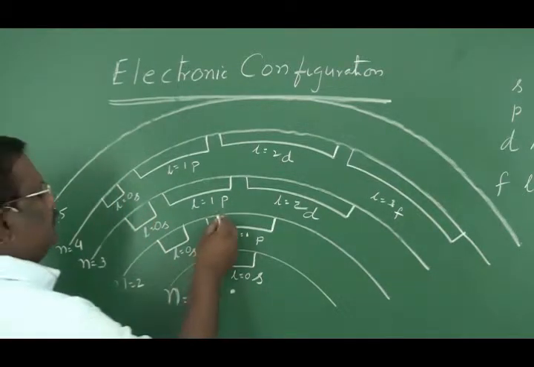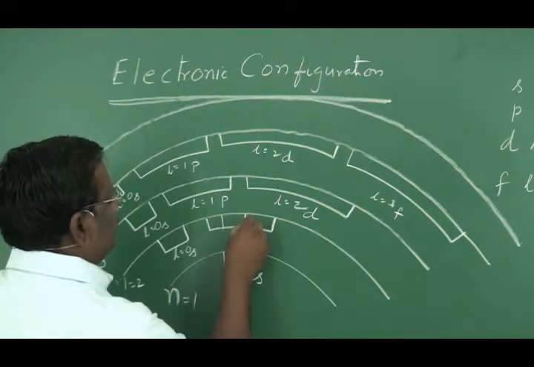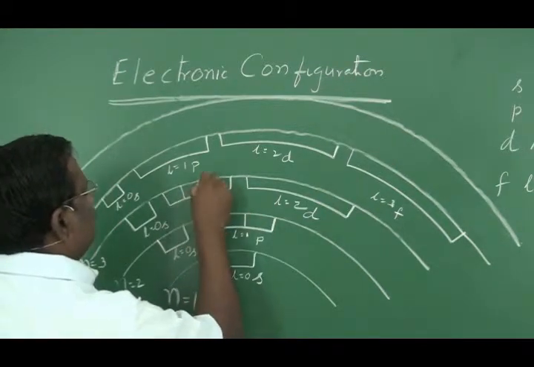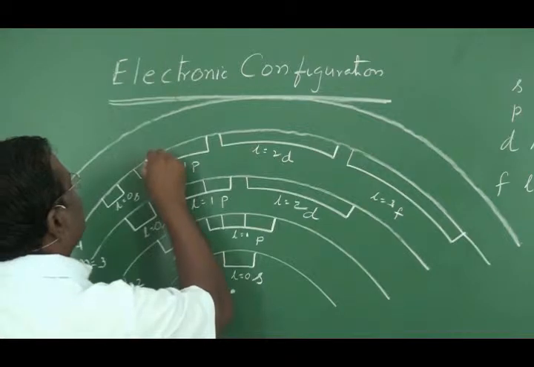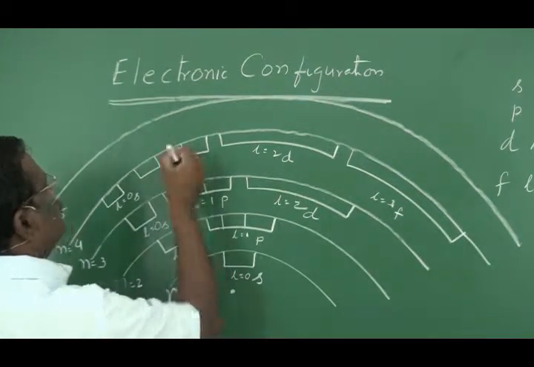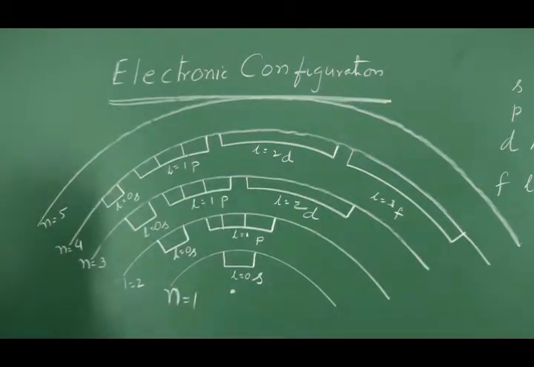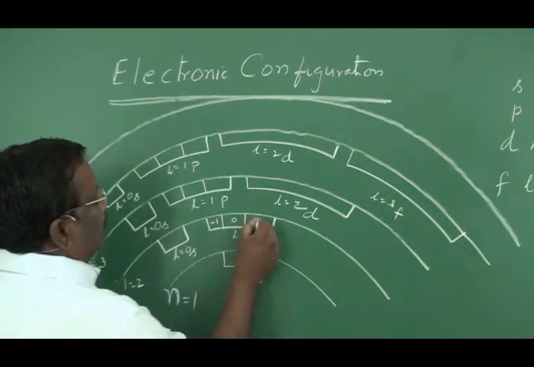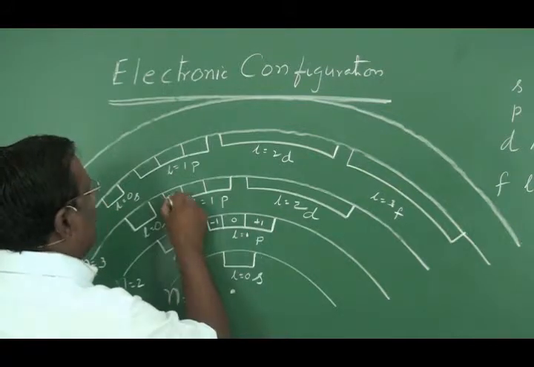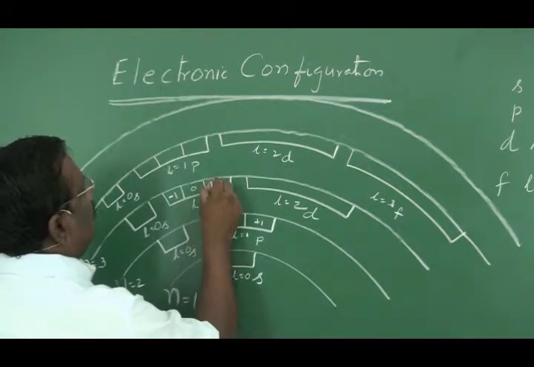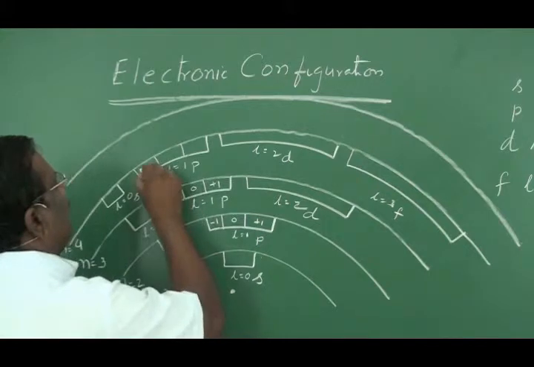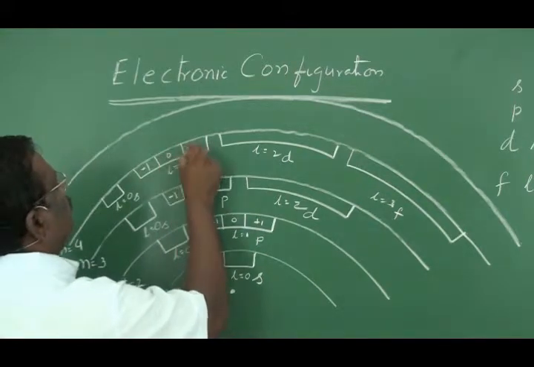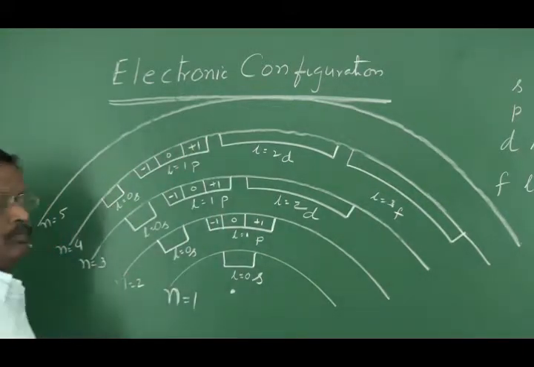They are like this. Three orbitals, and their M values are minus 1, 0, plus 1.